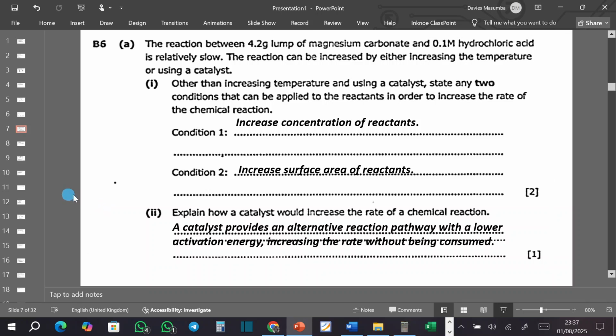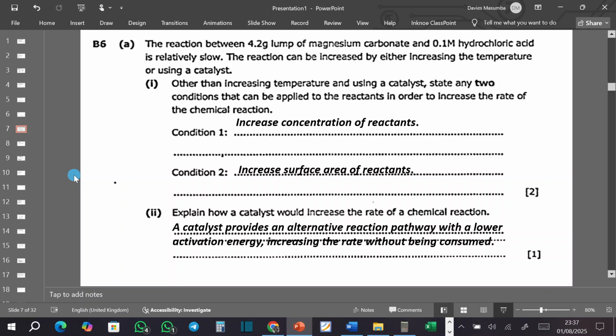So consider chemical reactions as needing energy. When a chemical reaction is taking place, it's more like a vehicle climbing a mountain and going on the other side. It will require a lot of energy to climb the mountain, right? Drivers, I think, understand.